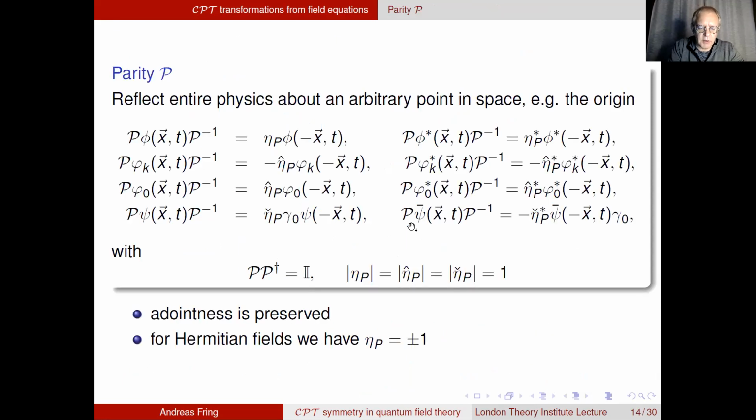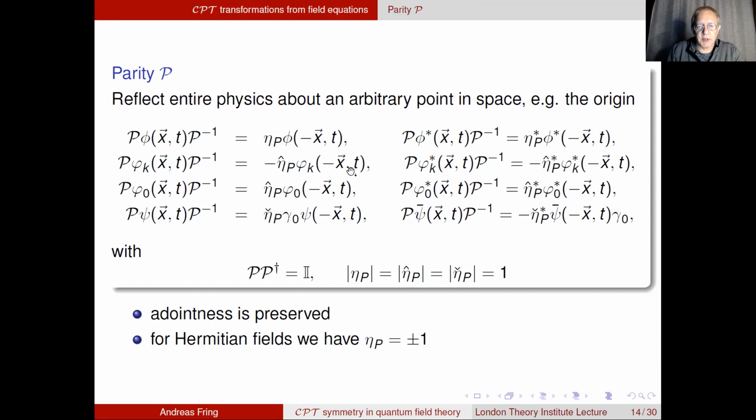So now we demand that these equations remain invariant and that the commutation relations are not changed. And if you do this, you can define the following parity transformation. As an operator, P acts adjointly on this field phi, and it changes x to minus x.